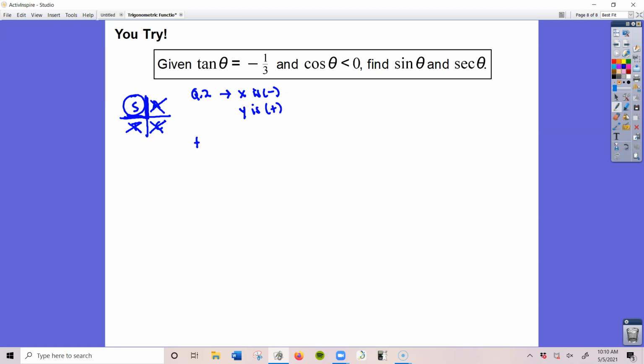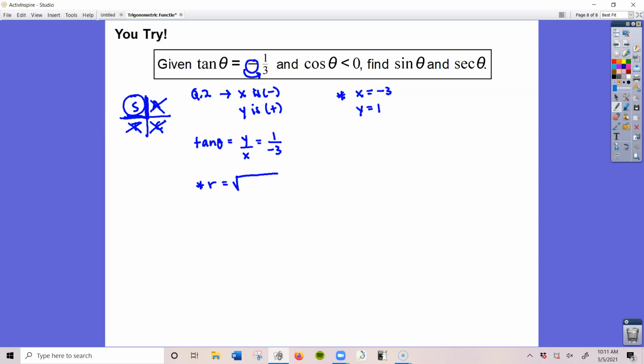So if I have tangent of theta, which is equal to y over x, that means that now, since the x is what's negative, the negative gets attached to the 3. So this is 1 over negative 3. So what does this mean? I have that x is equal to negative 3 and y is equal to 1. So now I need to solve for r.